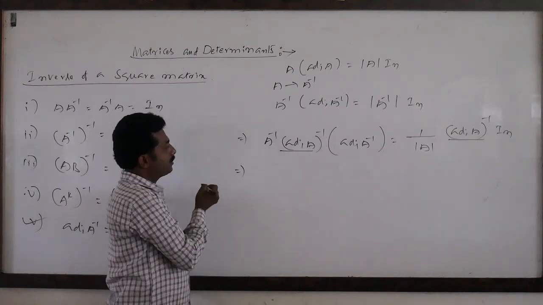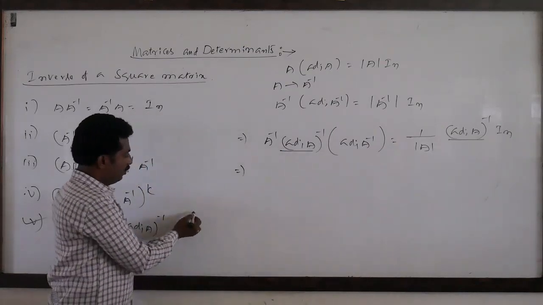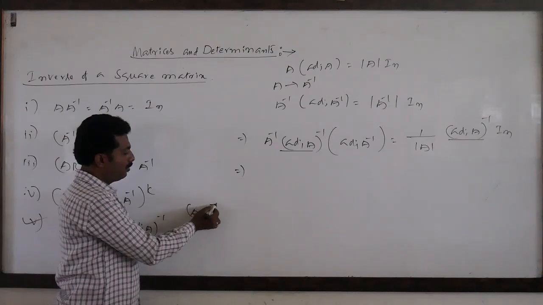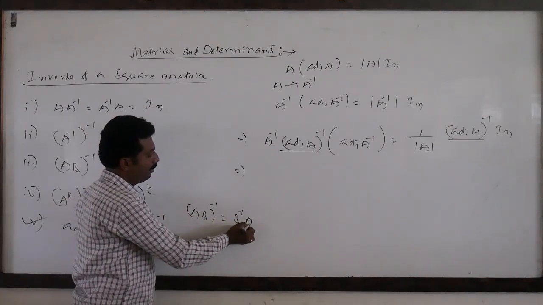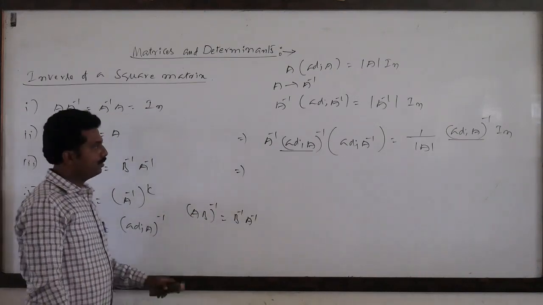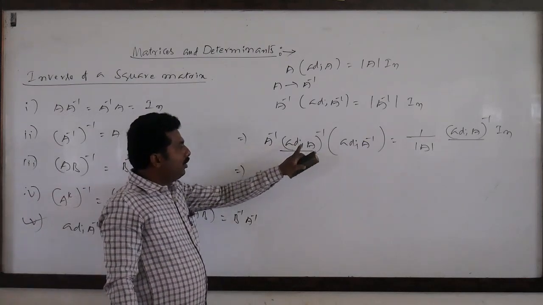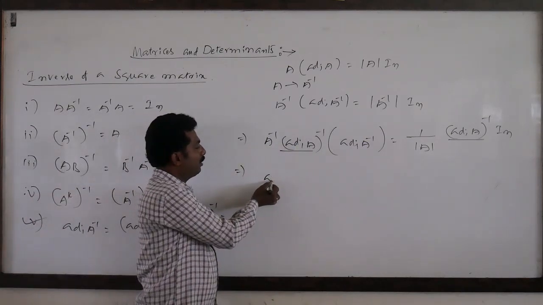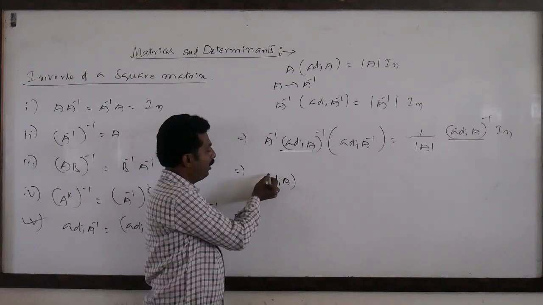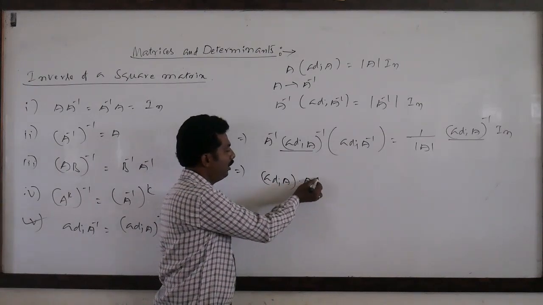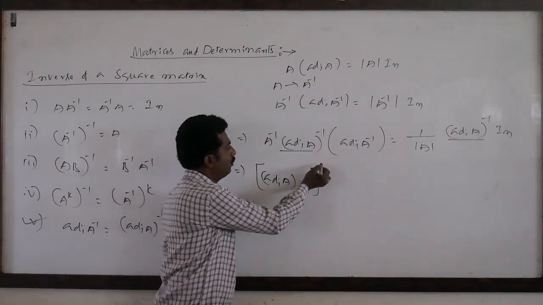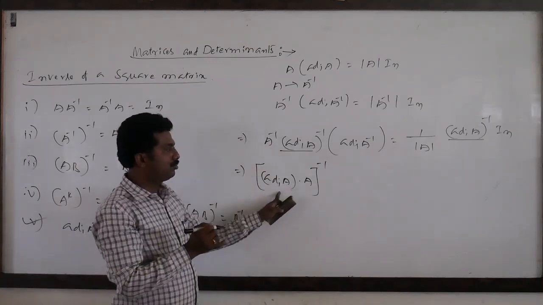So from this, you observe AB whole inverse is there. We can write B inverse into A inverse. So we can write adjoint of A into A whole inverse. If you merge these two.